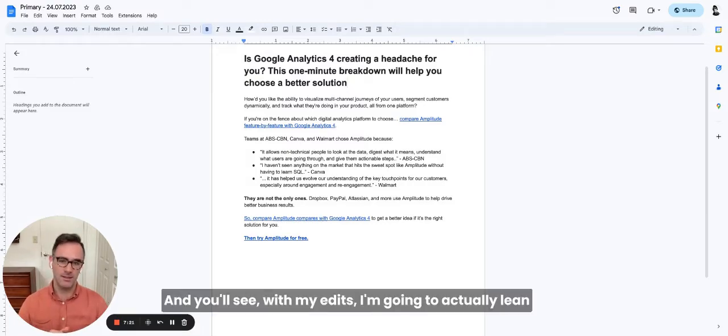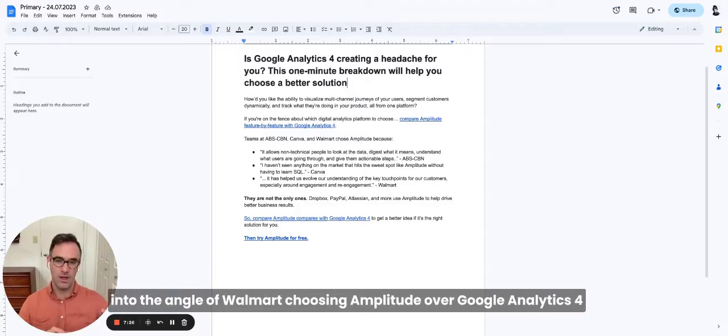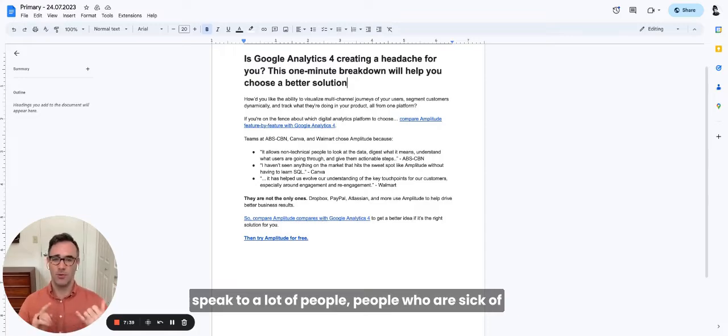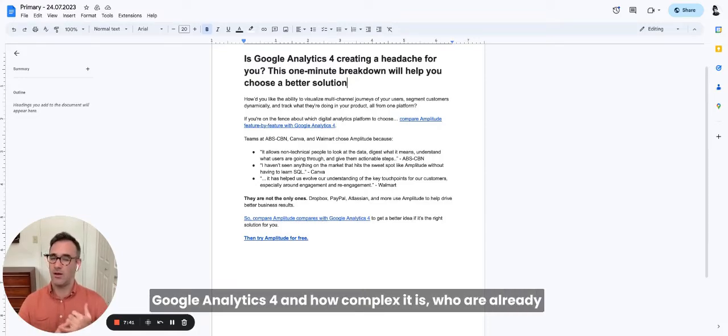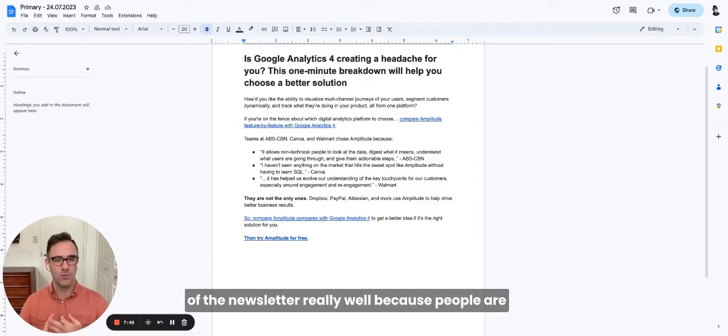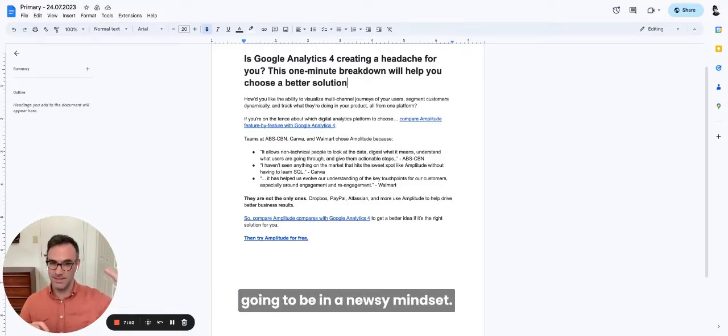And you'll see with my edits, I'm going to actually lean into the angle of Walmart choosing Amplitude over Google Analytics 4, because that is a really strong angle. And it's going to speak to a lot of people who are sick of Google Analytics 4 and how complex it is, who are already familiar with the headache of it, but also it's going to fit the format of the newsletter really well, because people are going to be in a newsy mindset.